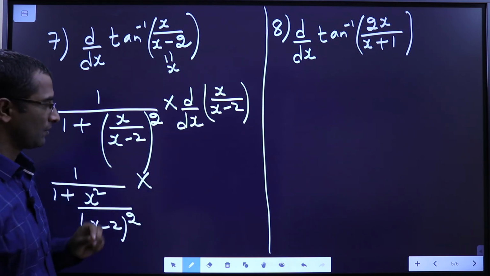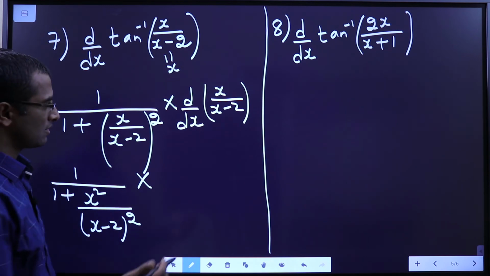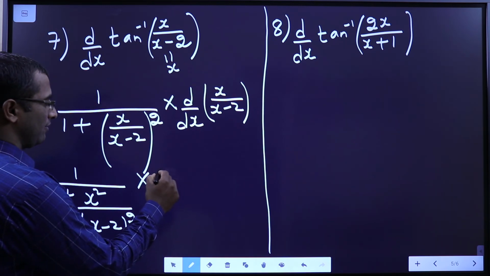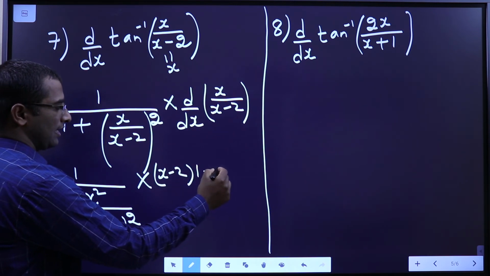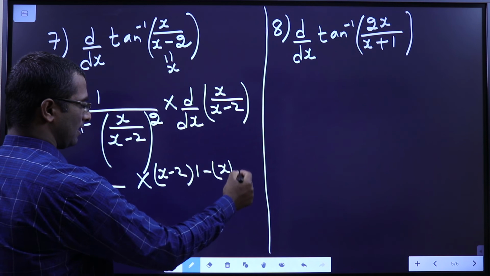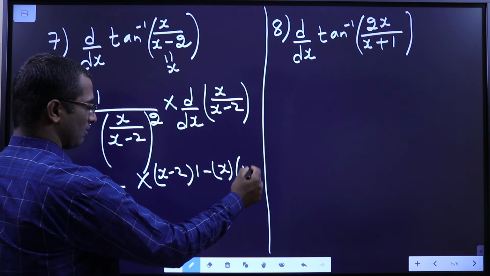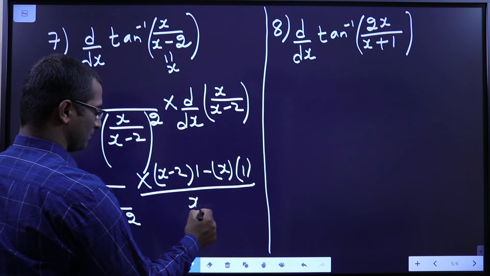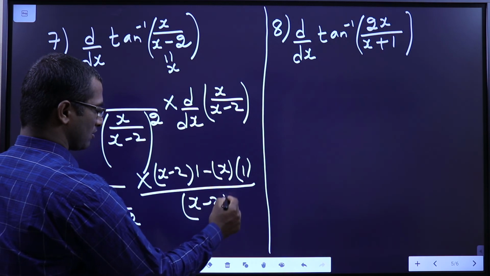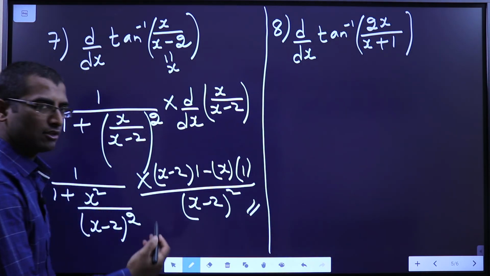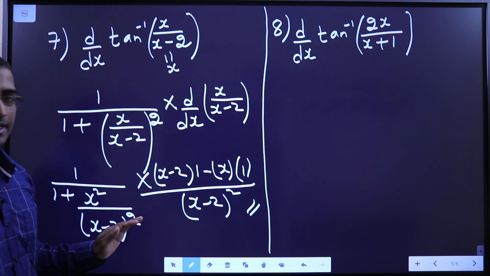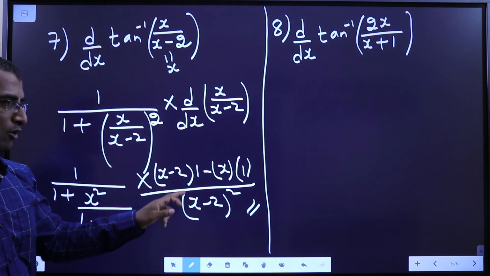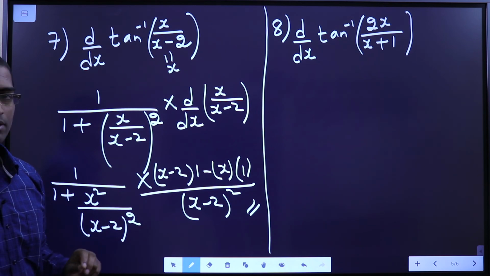What the u by v rule tells is, if I differentiate the numerator, dx by dx will be 1, and next if I differentiate x minus 2, I get 1 again, over x minus 2 whole square. We don't need to simplify now, we'll simplify while doing sums. Is it clear? Here it's a fraction, so I have gone with the u by v rule.